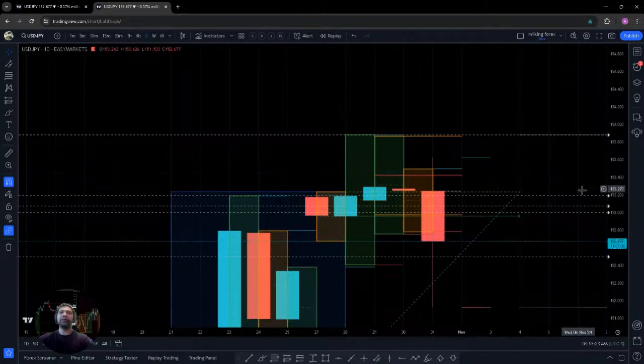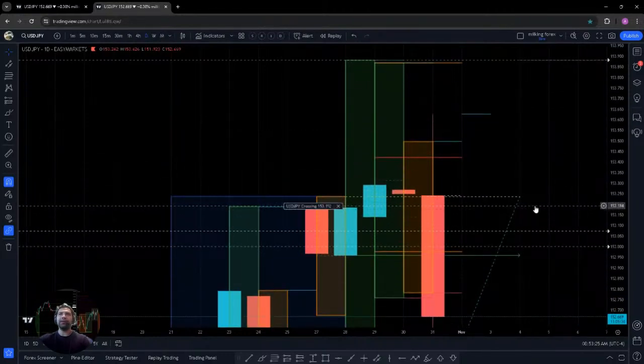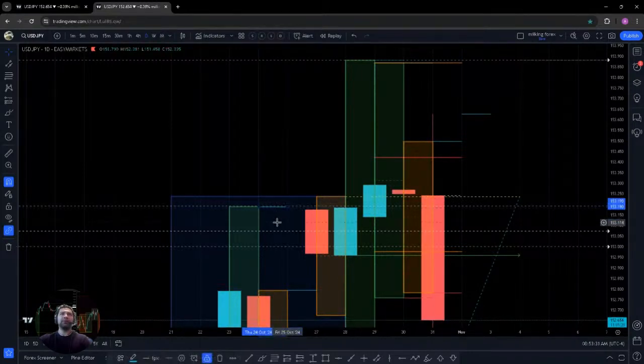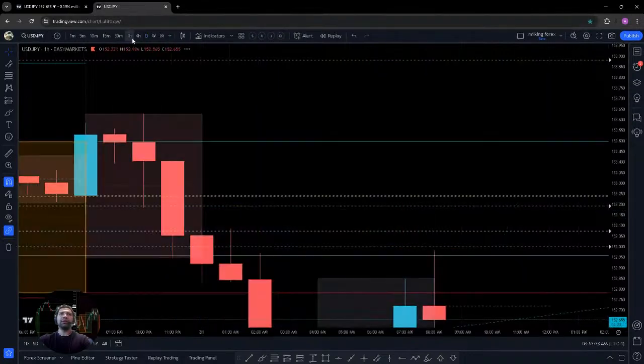So guys, this alert is representing this point, 190, 192, around this level, guys, right?